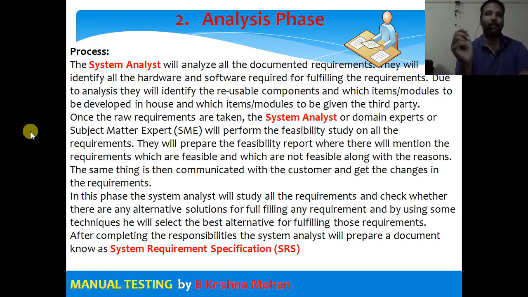And if there is some other way that we can do it, then that will be intimated to the customer. For fulfilling some requirement, there may be different ways. Different options will be available, so we have to select the best option.